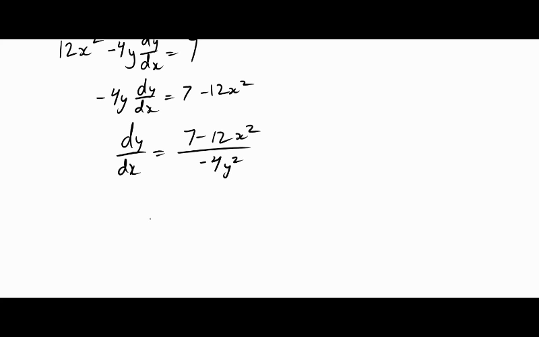Just because it's a nice thing to remember, one thing I might do is take the negative sign and multiply the top by -1, which would give me 12x squared minus 7 over 4y. It's not necessarily something you have to do, but just recognizing that that's the same thing, right?